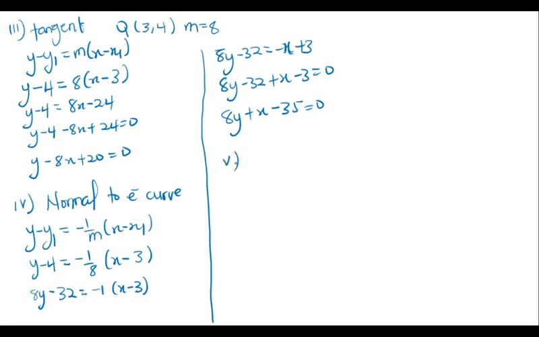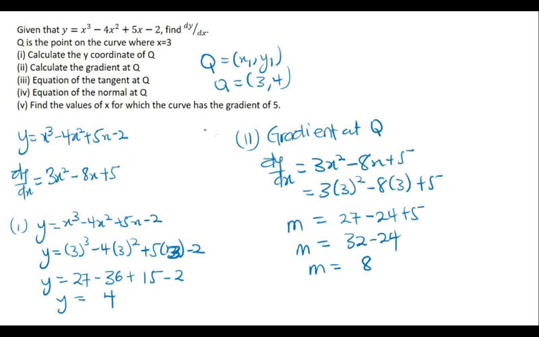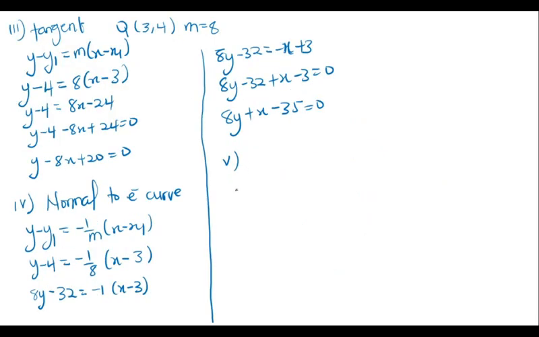So now let's look at the final aspect of the question. The final aspect is telling us, let's go back and see, we have to find the values of x for which the curve has the gradient of 5. So for the curve to have the gradient of 5, it means our m, which is what? Equivalent to what?